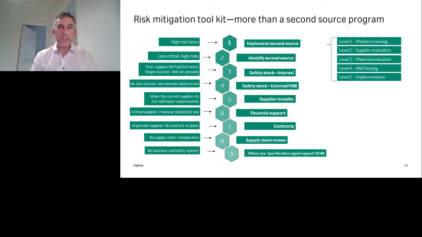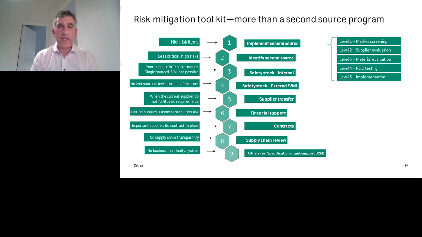Level 3 is material evaluation conducted by R&D, which is a document analysis of the feasibility of the materials that would be supplied by a potential supplier. In level 4, we've done full R&D testing at bench scale to validate the raw material delivery and performance. And in level 5, we've fully implemented the second source.